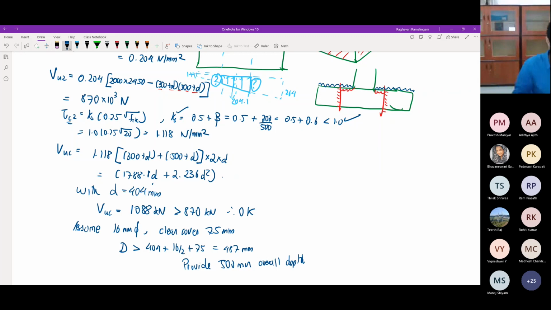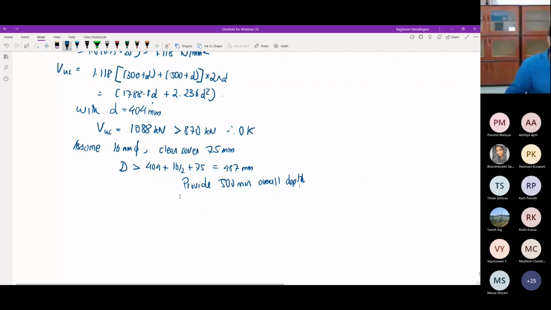Now the question is, is this the end of the problem? It's still not the end of the problem. What is required right now is to find the effective depth along both directions. Along x, don't forget this effective depth.